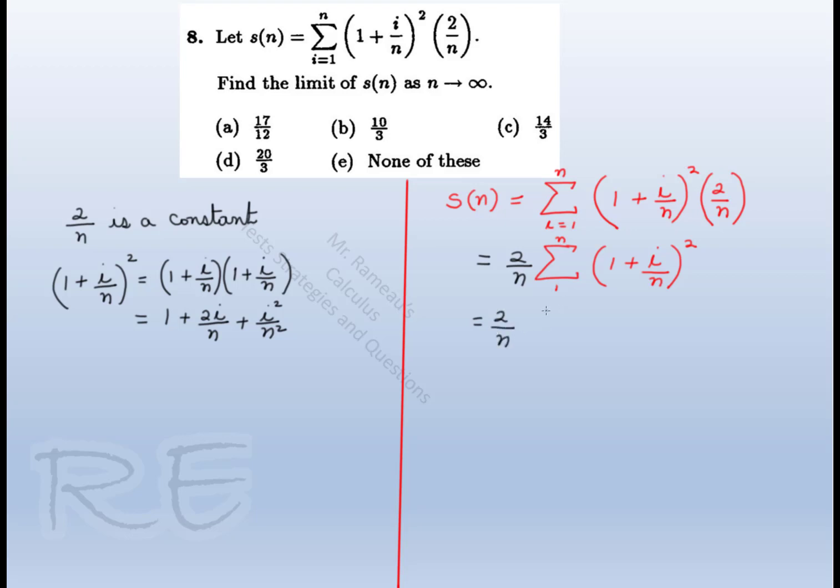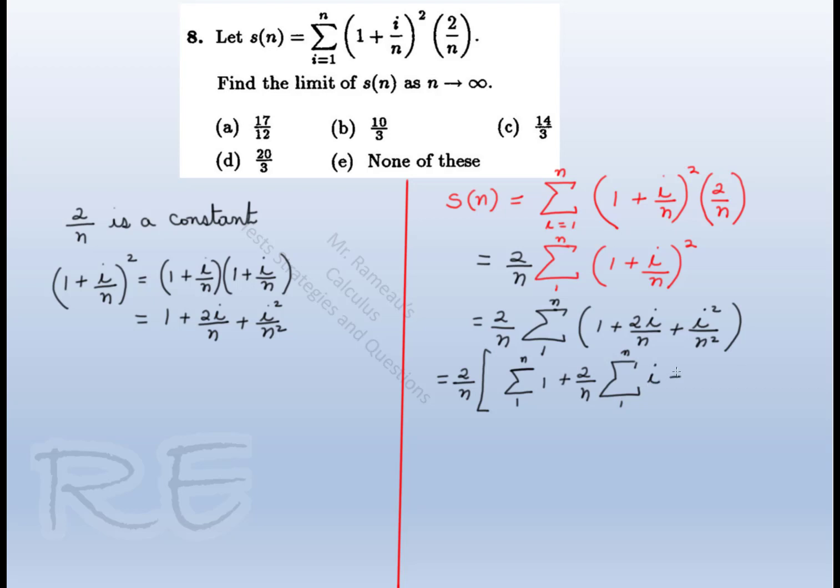Let's write it. Summation from 1 to n, 1 plus 2i over n plus i squared over n squared. 2 over n, open brackets, summation of 1 from 1 to n, plus 2 over n summation of i.